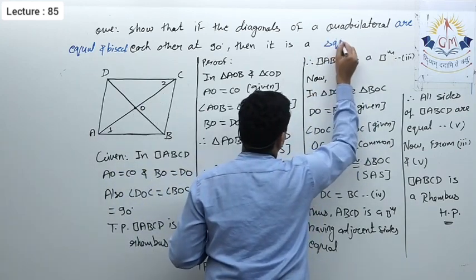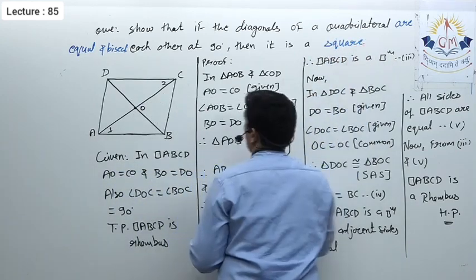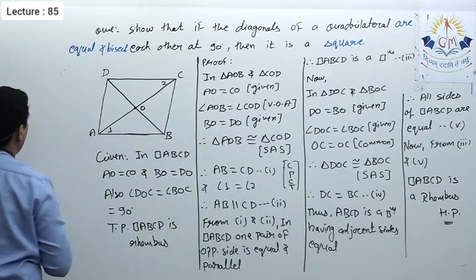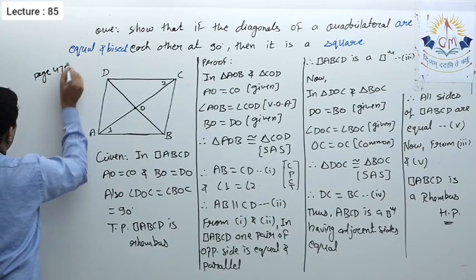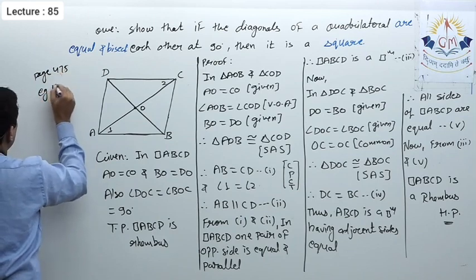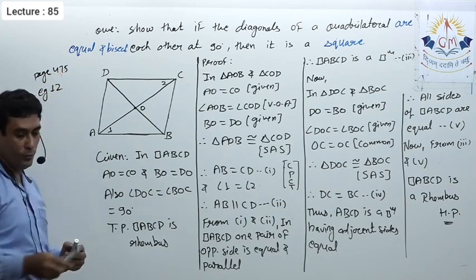This is the question. So again I am writing page number 475, example number 12. So we have to prove square.